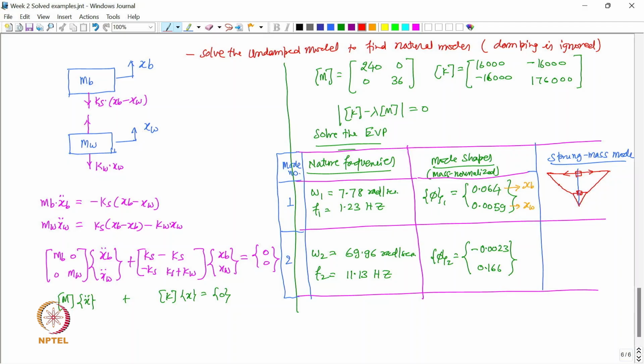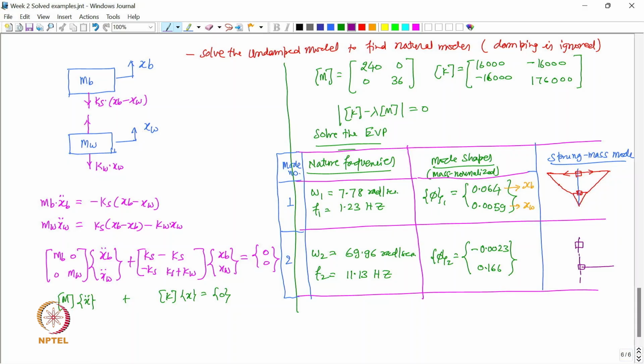So, if we try to sketch this also like this, and if this is the body mass and this is the wheel mass, then here the wheel is going to have a significant displacement like this, okay, and also the motions are out of phase. So, if the wheel is moving up, then the body is moving down, right.